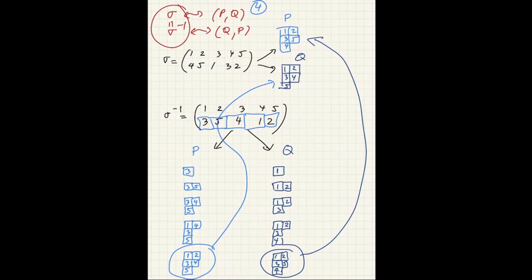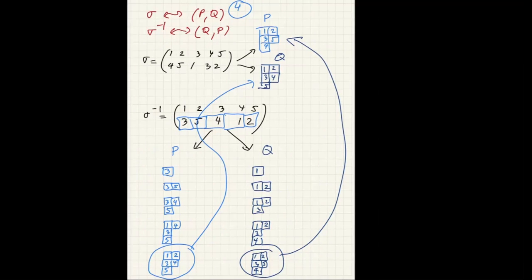So in that situation, this ordered pair P, Q has to equal this ordered pair Q, P, and that leads us to P equals Q. And you have this bijective correspondence between involutions and Young tableaus.